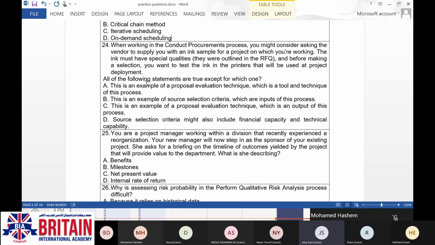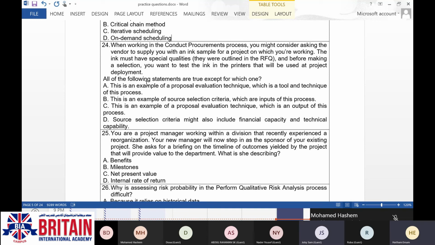Okay, so that is part of the RFQ. It is supposed to be. This will determine whether it meets the quality. It's actually an output.